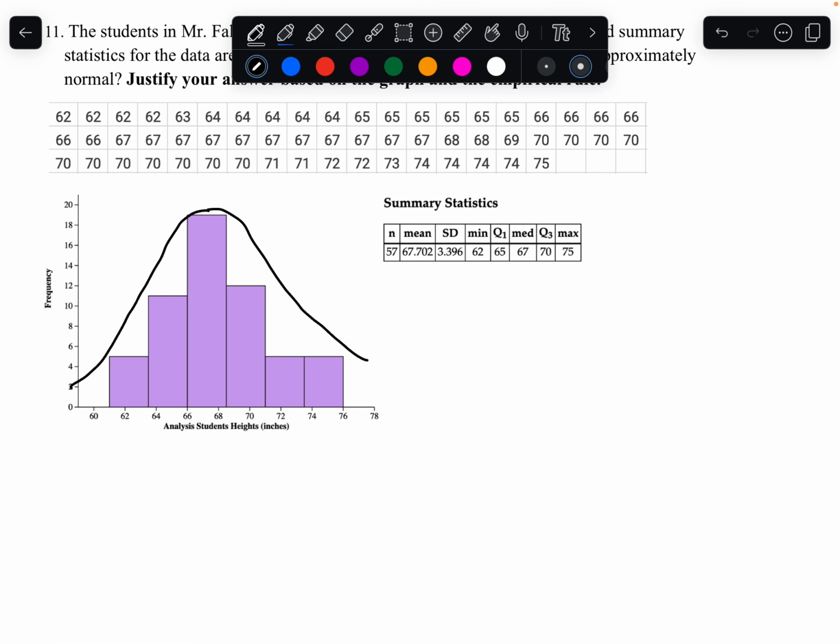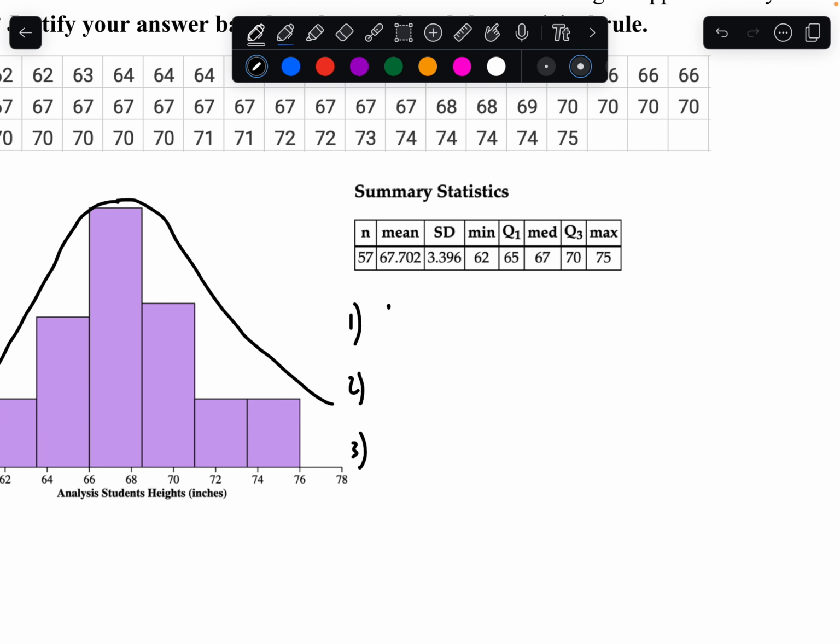And I showed you guys 2 ways in the class days, but I'm just going to do this the first way I showed you. So I'm going to take the mean, which is 67. We're going to add and subtract the standard deviation once from that.